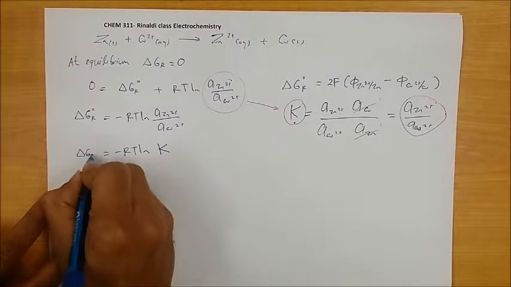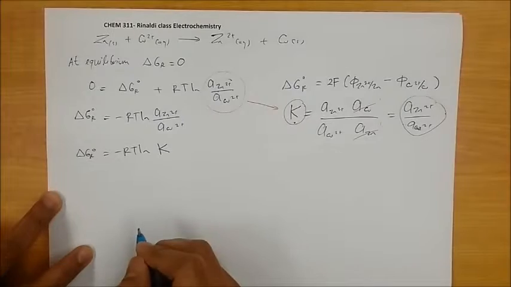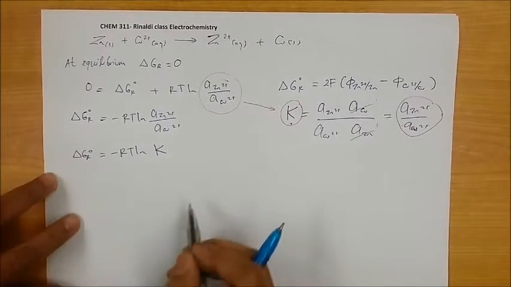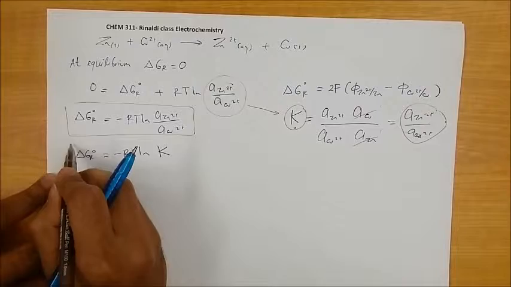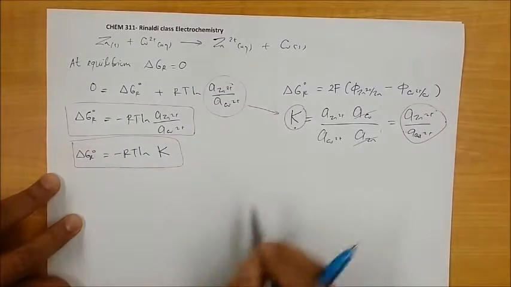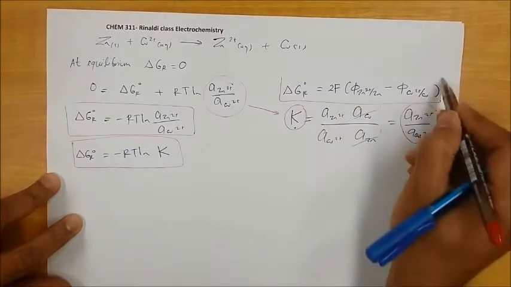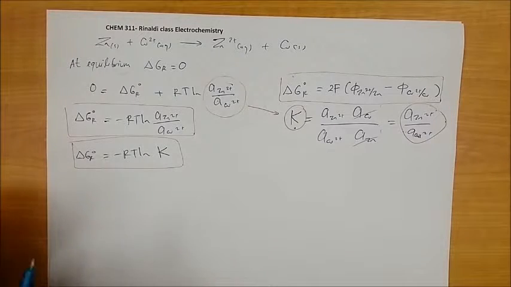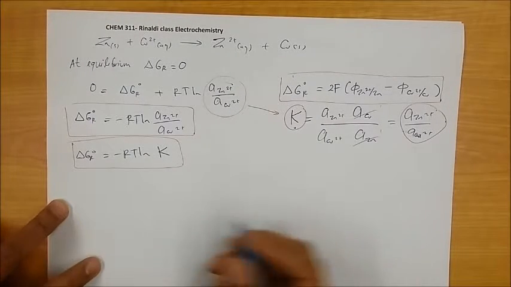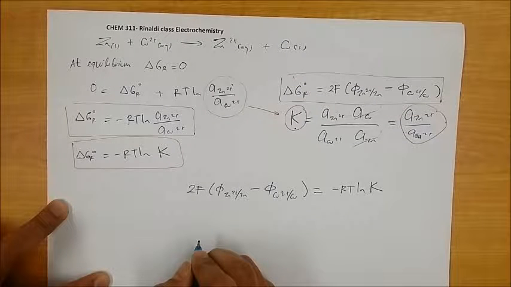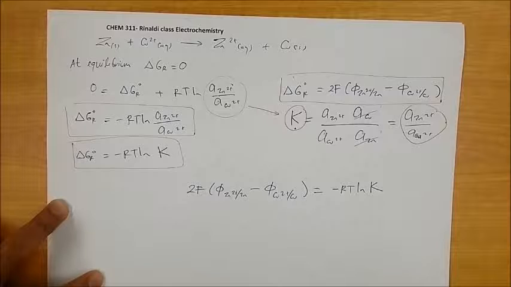Alright, so we have the expression of ΔGr naught from this one, and ΔGr naught from the difference in electric potential. So let's combine that together. What does this mean?